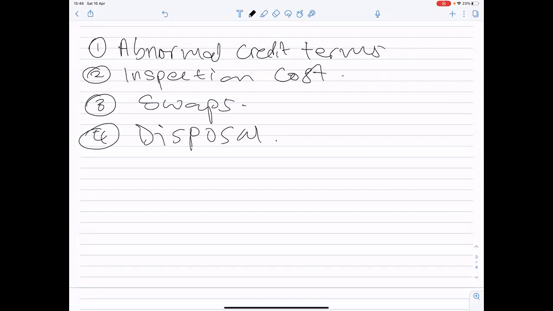Then as we move, we'll be looking at other things. So first, you can look at abnormal credit terms, inspection, any swaps, and any disposal of an asset, and how we are going to be disclosing it in the annual financial statements.